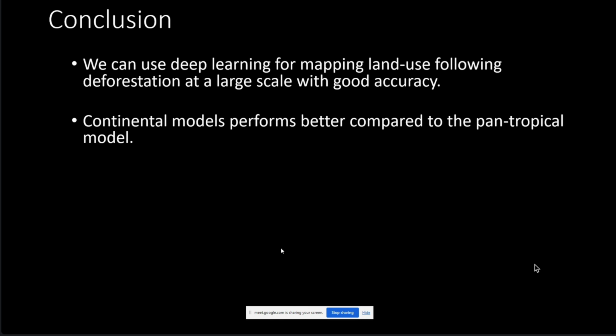As I said, I also saw that continental models, so working at a more local scale, not a model which works at a pantropical level, performed a bit better compared to applying one model over a global scale.